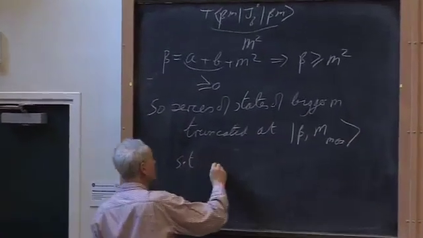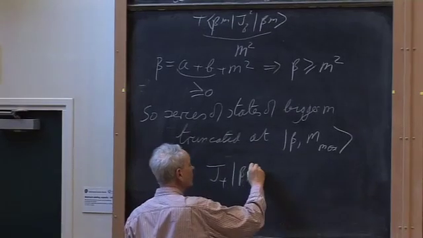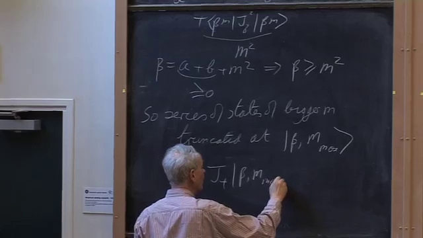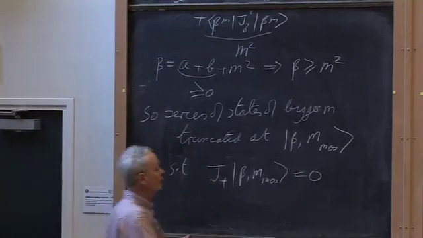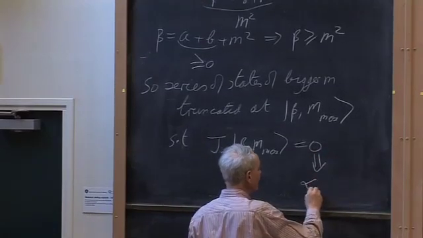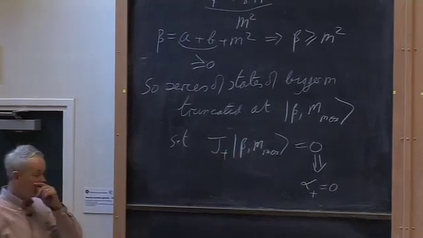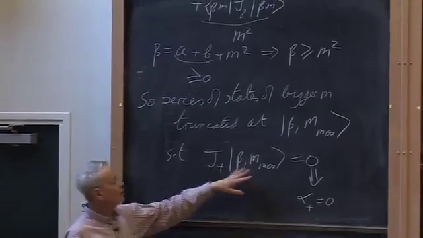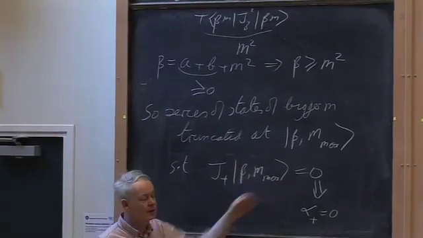It happens because when we use J plus on this state, we get exactly nothing. So what does this mean? This implies that α plus equals naught in this particular case. That's the only way we can be stopped from making states of bigger and bigger m, and it's clear we have to be stopped. So we are stopped in this way.